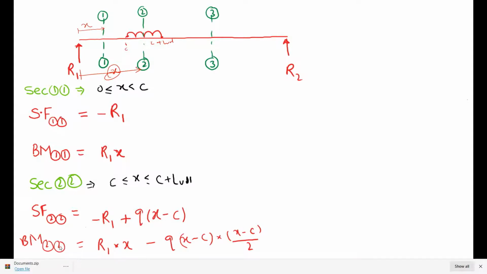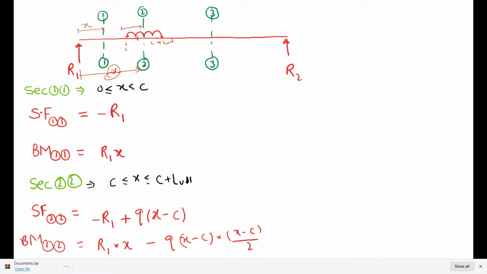And the bending moment is R1 multiplied by the perpendicular distance x, minus the moment acting in the anti-clockwise direction, Q of x minus C multiplied by the CG. The CG would be at x minus C by 2 from this point, because this is the load we have chosen in this section.